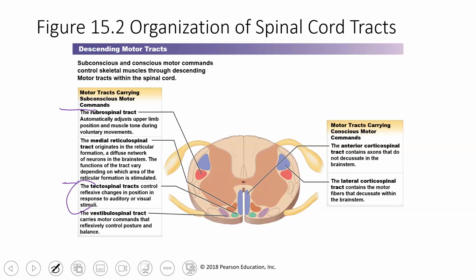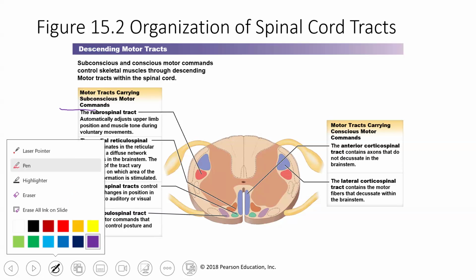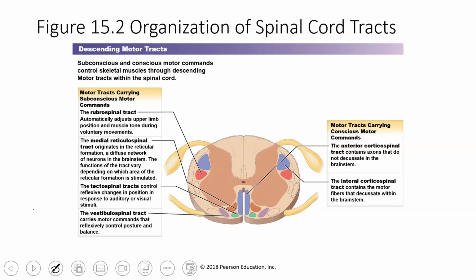Okay. The vestibulospinal tract, vestibular is all about our balance control. Okay. So vestibular tract carries motor commands that reflexively control posture and balance. Over here, we can see anterior corticospinal tract contains axons that do not cross in the brainstem.